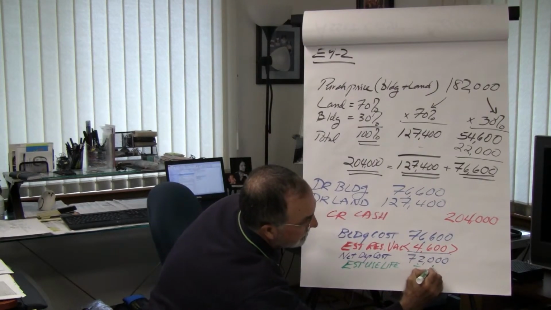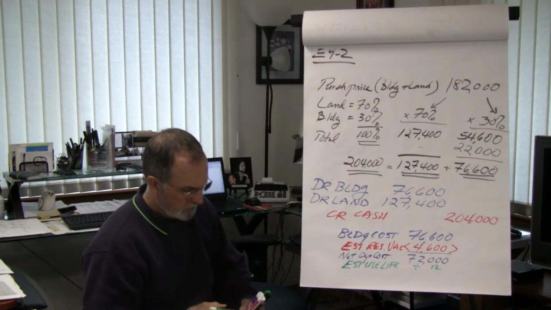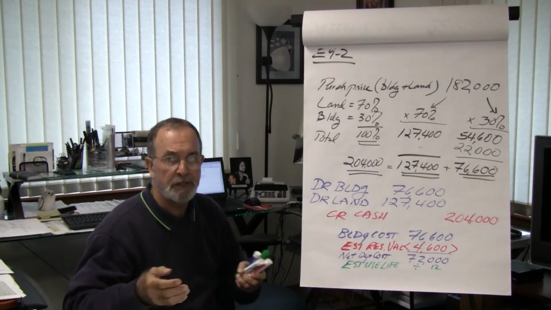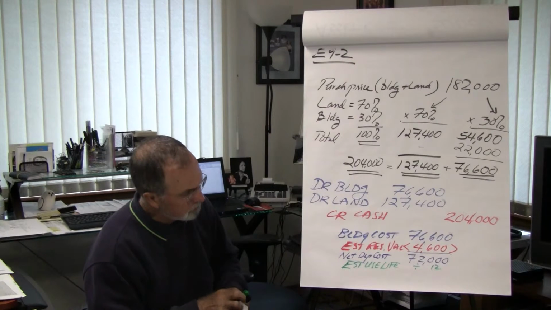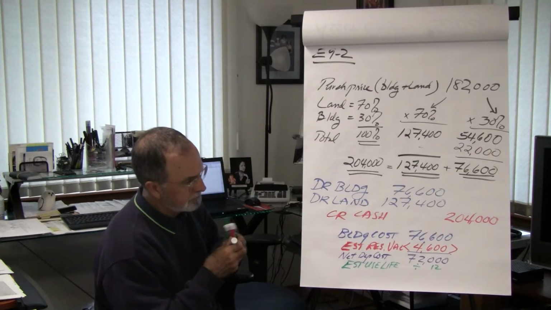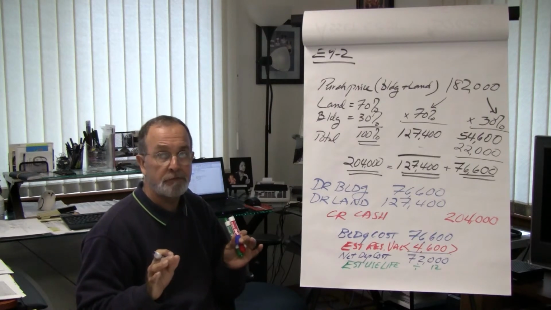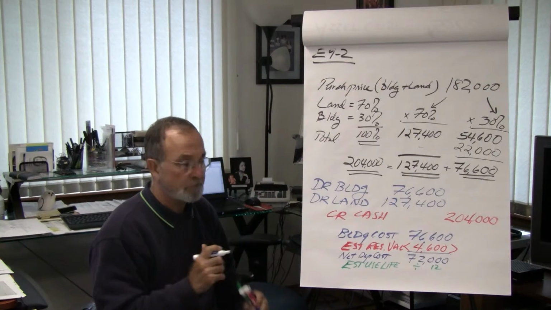Which is actually a little on the short side, I think. Usually buildings are depreciated for much longer periods of time, 20 or 30 or even 40 years. But of course there could be other circumstances involved that dictates the use of a shorter useful life.